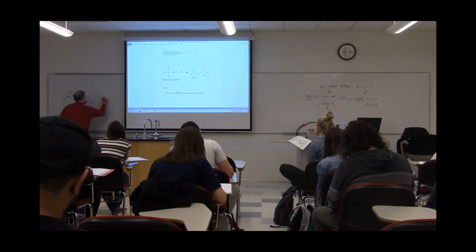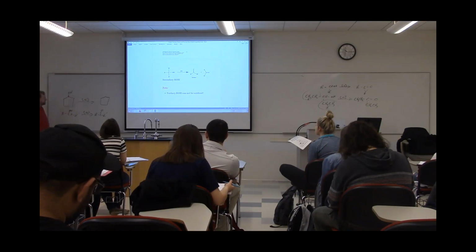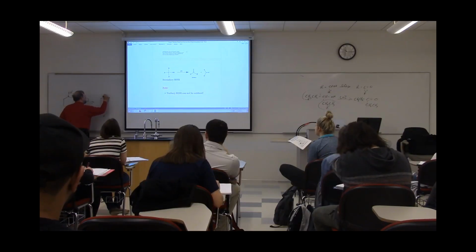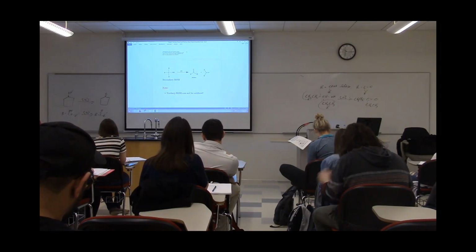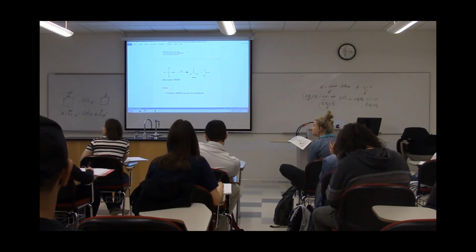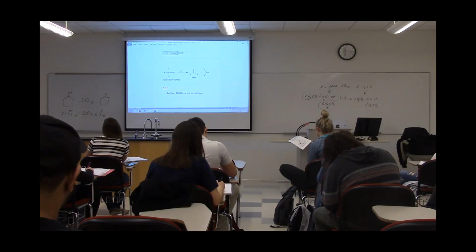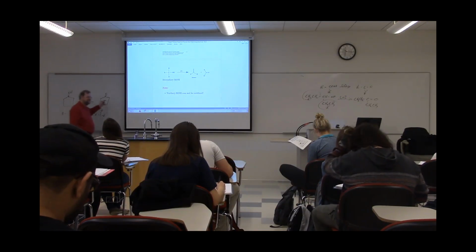No. This carbon will now be double bonded to oxygen. We show it this way, and that's a ketone in the ring. And it looks like I'm smiling and having a good time. I am, because I've done a lot of work with ketones that are in the ring, and I really like them. Isn't that pretty?